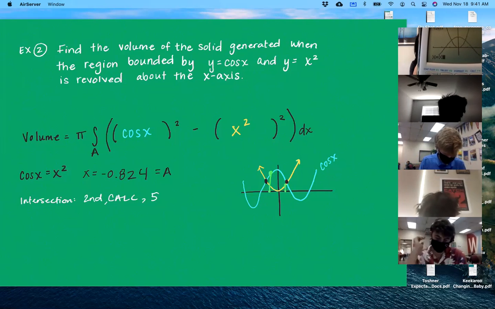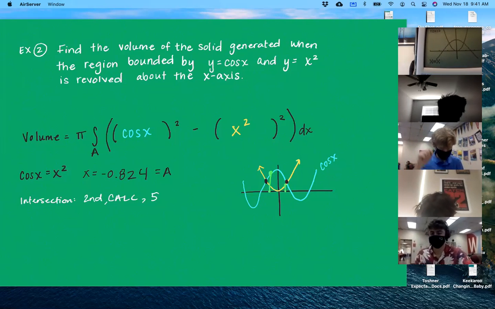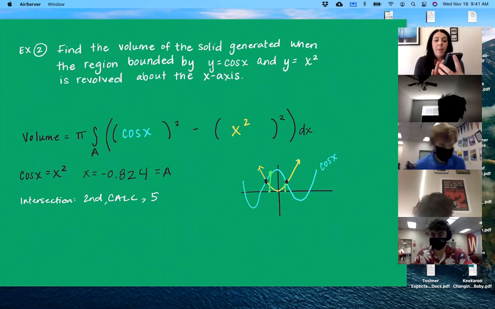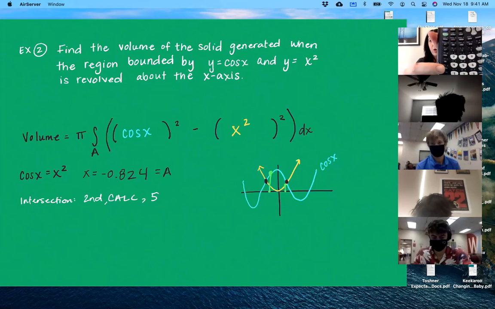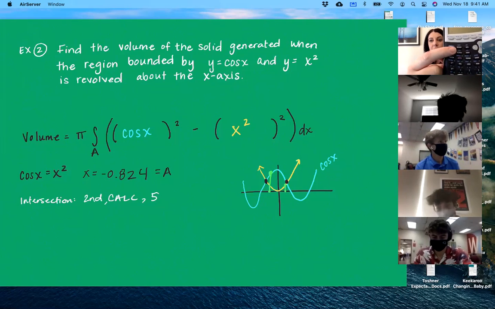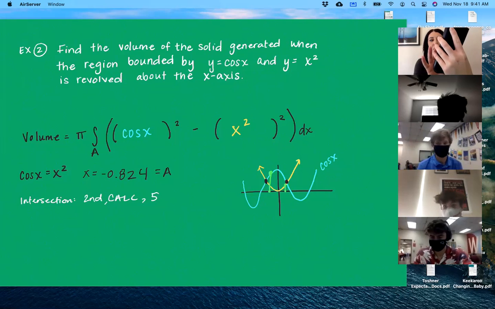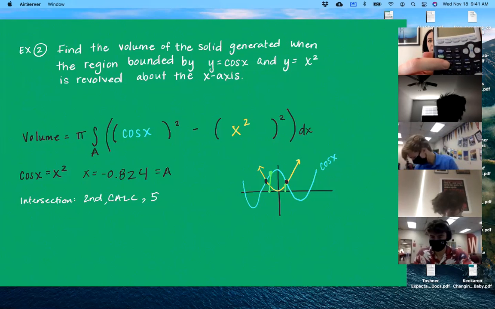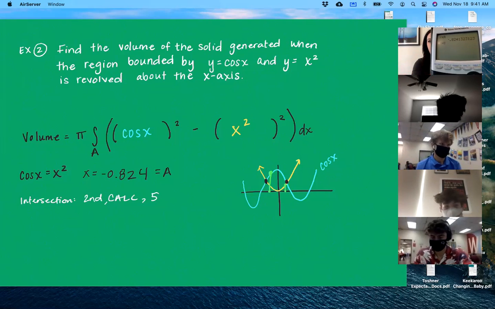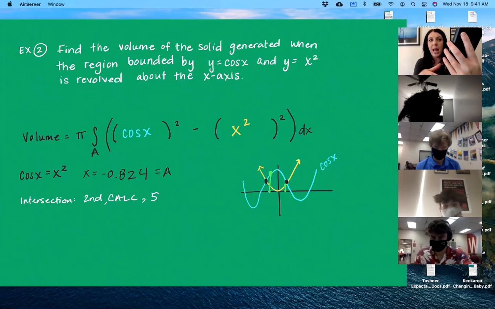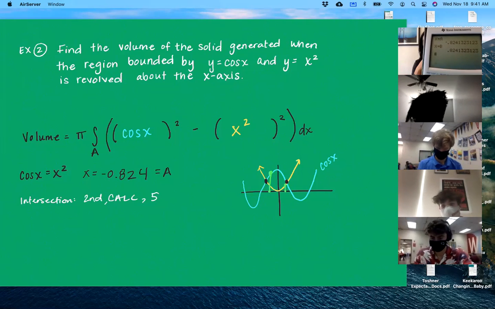So X equals X. Go back to our home screen. Press X again. This time store. And this time we're going to store it into a different alpha. So alpha, and I'm going to choose B, which is right here. So we get alpha B. So I've got one of them stored in A and one of them stored in B.